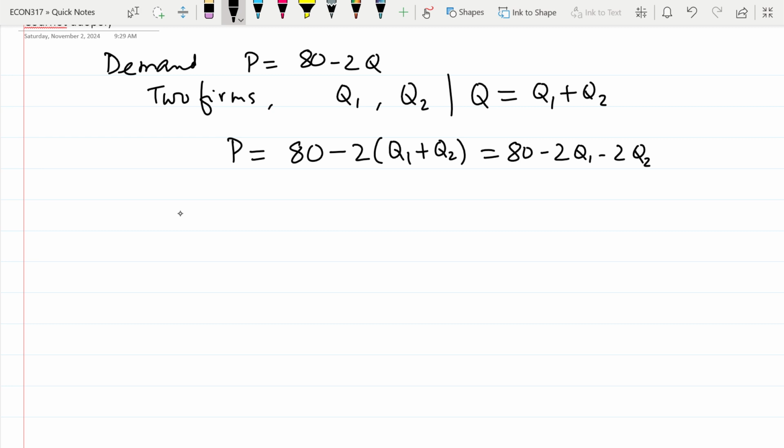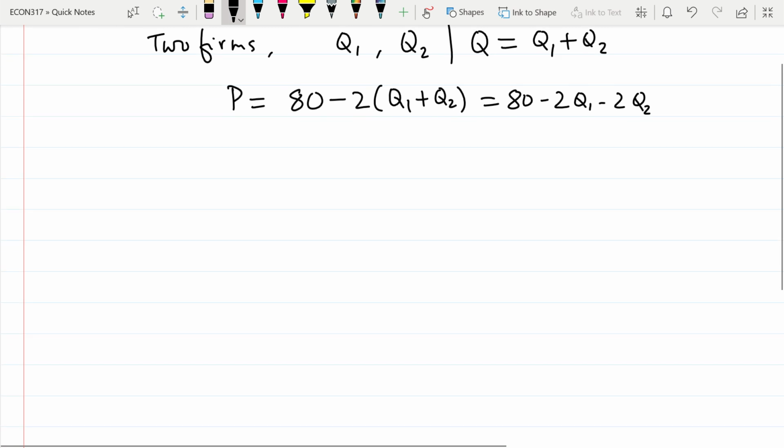Now I will look at the total cost for these two firms, and here I am assuming these two firms are identical. So let's start with the total cost for firm 1, TC1, to be 20 times Q1 plus 100.